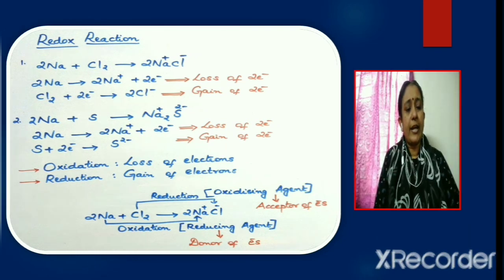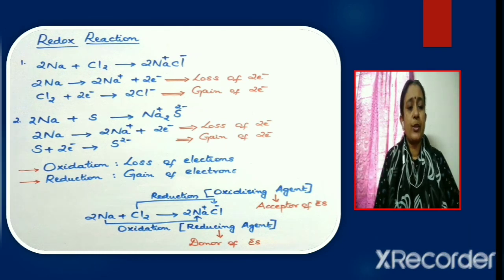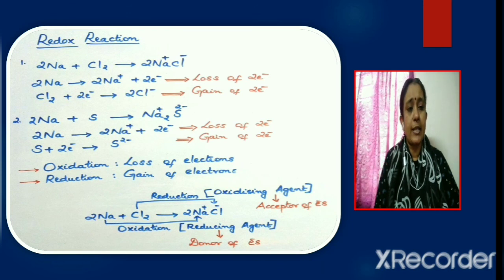How can we define an oxidizing agent and a reducing agent? An oxidizing agent is a substance which helps in the oxidation of another substance and which itself undergoes reduction. And we know that a reducing agent is a substance which helps in the reduction of another substance and which itself undergoes oxidation.